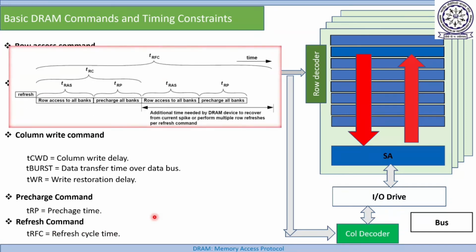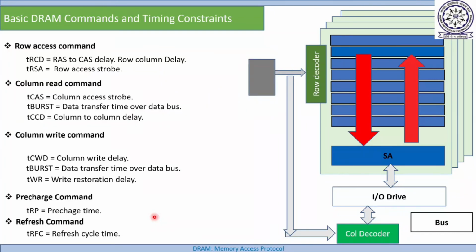See the refresh cycle time. One thing I have not mentioned, I should mention it here: when a controller sends a refresh command to the DRAM, it is not always necessary that the DRAM will refresh only one row. It may refresh n number of rows, and then after some time the controller will send another refresh command, and it will refresh another n rows.